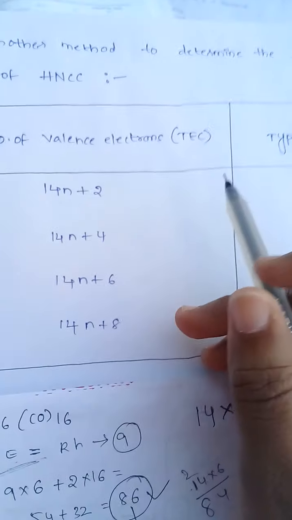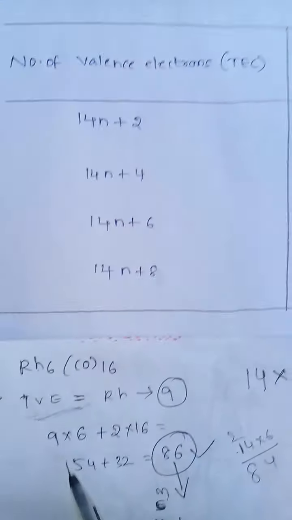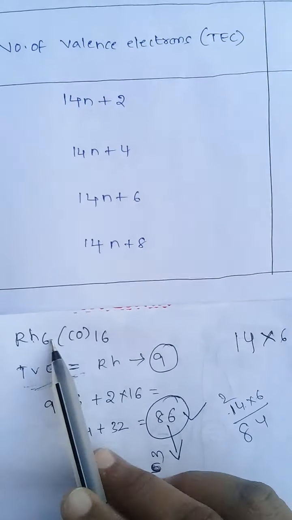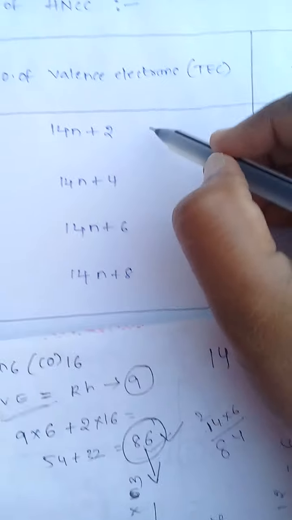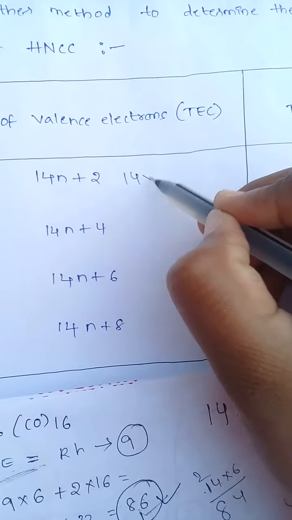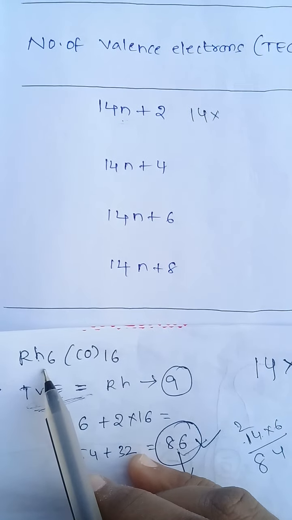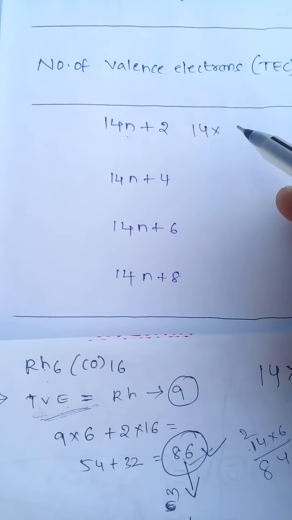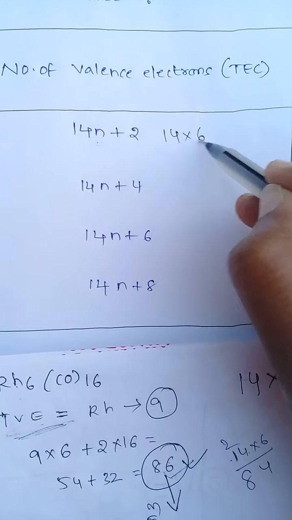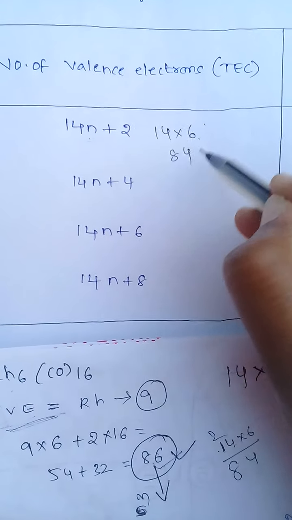Rhodium 6 CO16, which type of cluster we have to find now. The total valence electrons we get for Rh6(CO)16 is 86 valence electrons. 14 into n, n means number of metal atoms. For this metal cluster, how many metal atoms are having? 6 metal atoms. So 14 into 6, 14 sixes are 84.